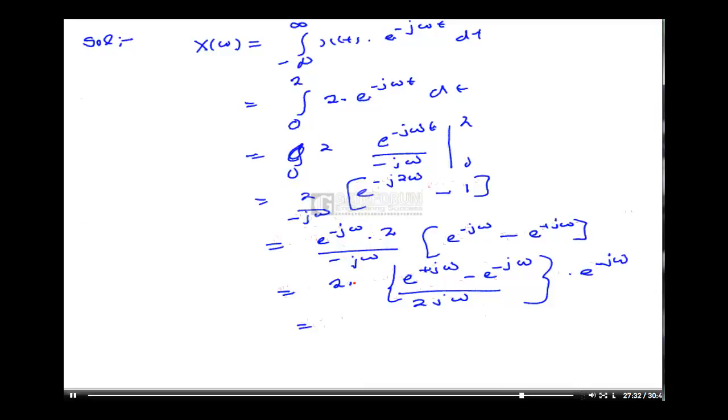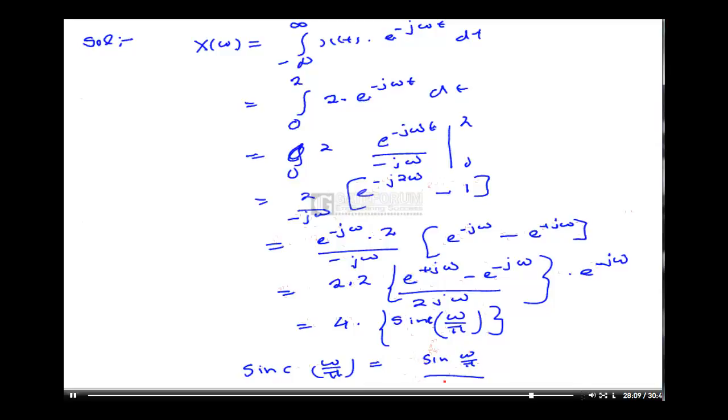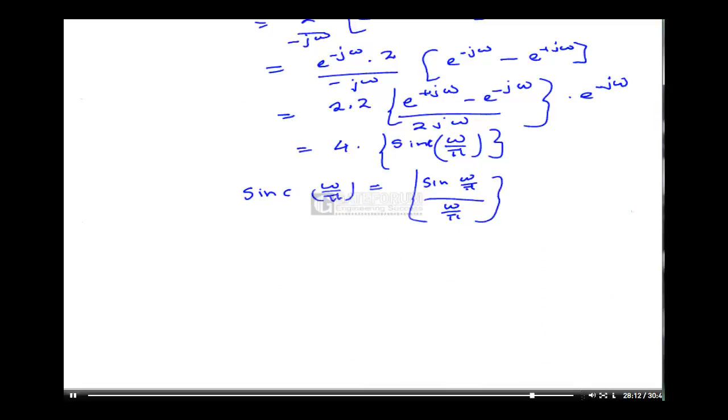Multiplied by 2 and divided by 2, I will get the answer as 4 sinc of omega by pi, times e to the power minus j omega, where sinc of omega by pi is equal to sine of omega by pi upon omega by pi.